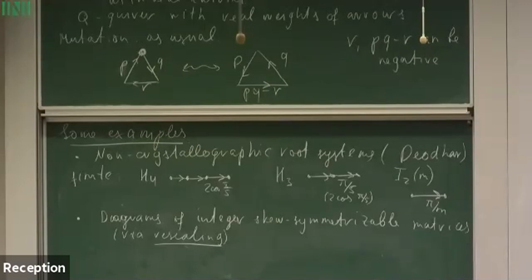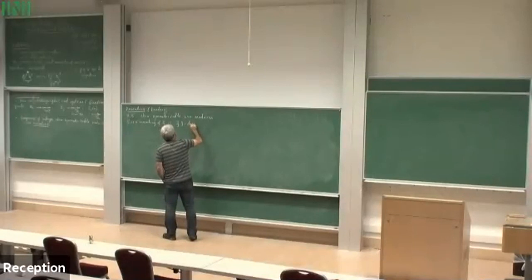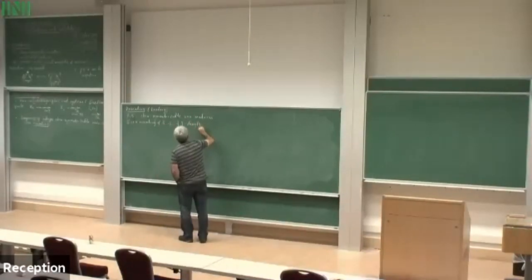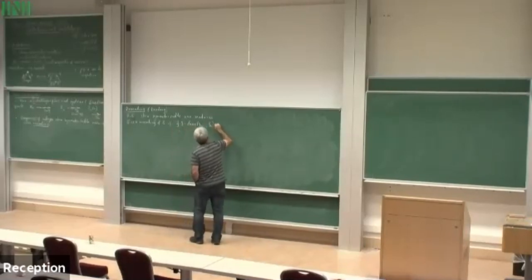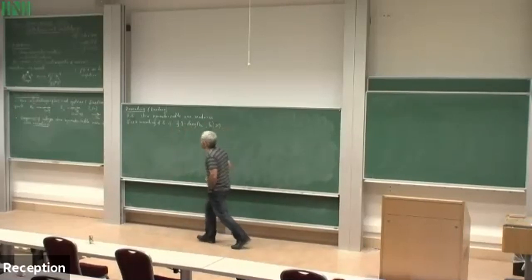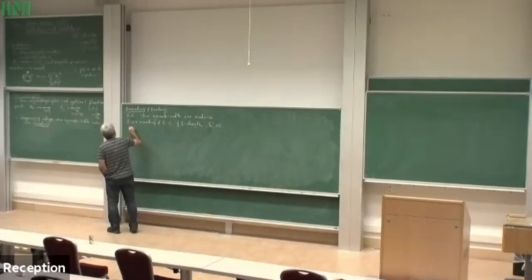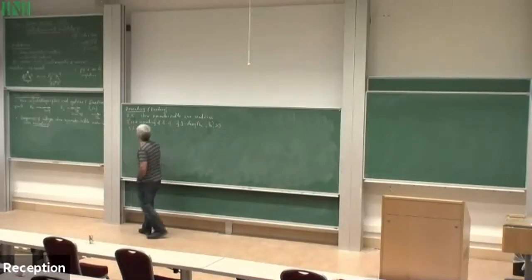We say that B prime is a rescaling of B if there exists a diagonal positive matrix S such that B prime is a conjugation of B using S.